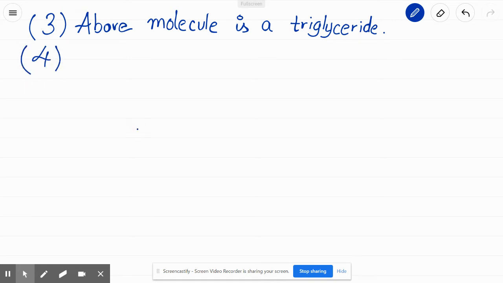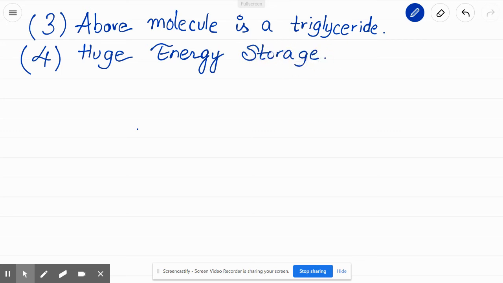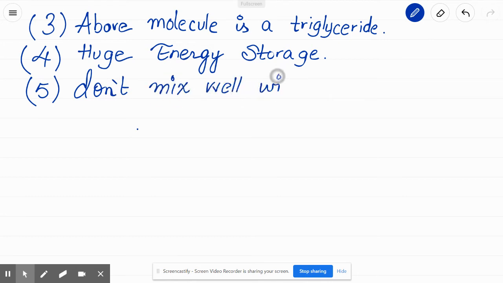Next point, they have a huge energy storage function. They don't mix well with water. And another important thing is that above chemical reaction is reversible.